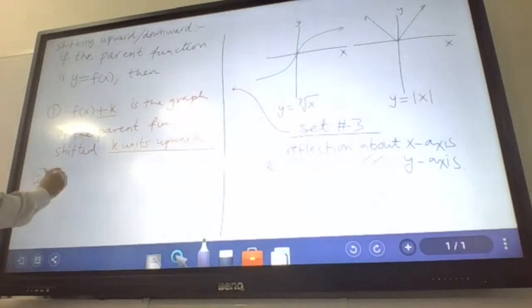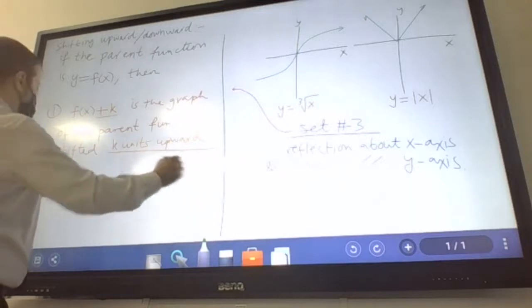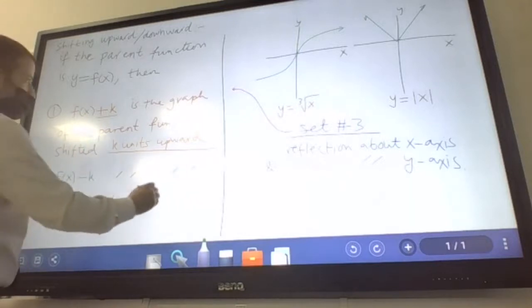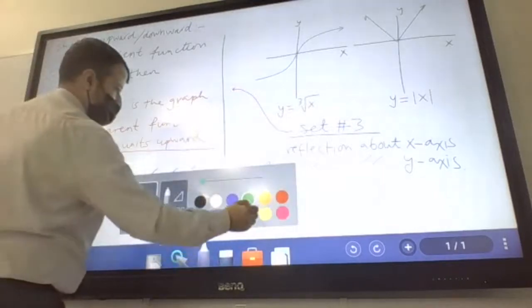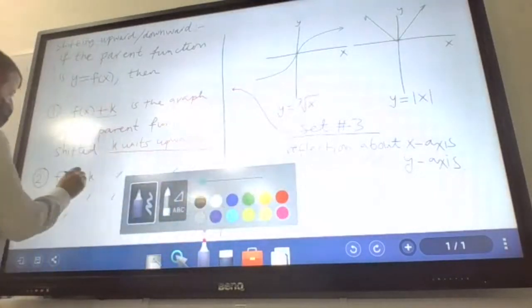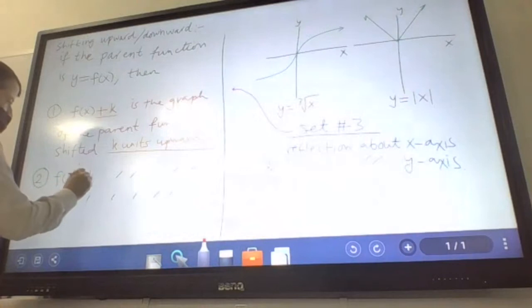What about f of x minus k? It's the graph of the parent function shifted, say this is minus k.